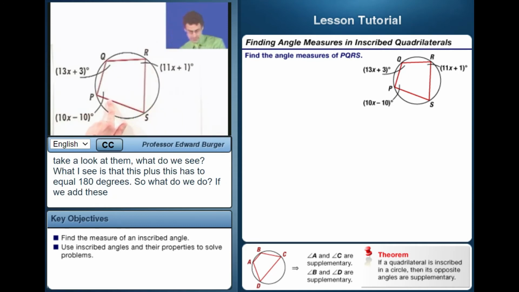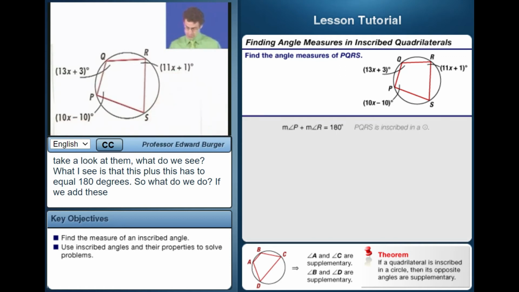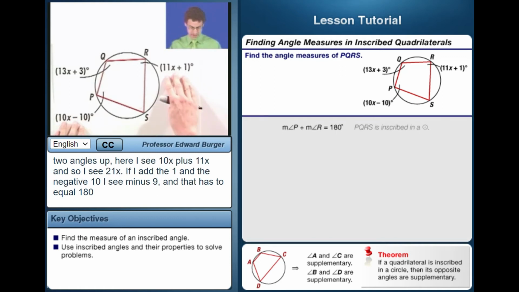If we take a look at them, what do we see? What I see is that this plus this has to equal 180 degrees. So what do we do? Well, if we add these two angles up, here I see 10x plus 11x, and so I see 21x.